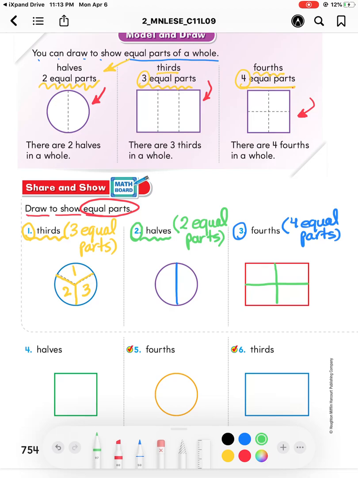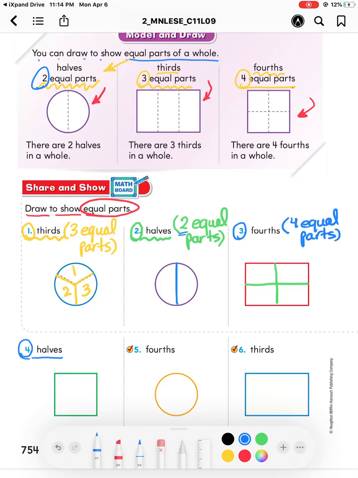So now let's move to question number 4. Halves, okay? And halves, as we said before, it means 2 equal parts, okay? Now we can have different ways, okay? We can split it like this. Okay, this is correct, okay?